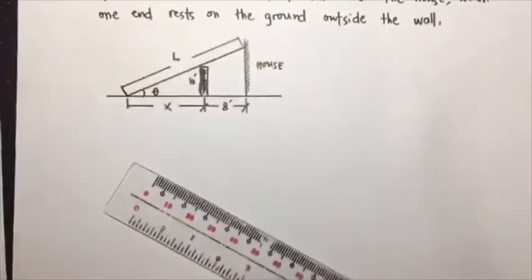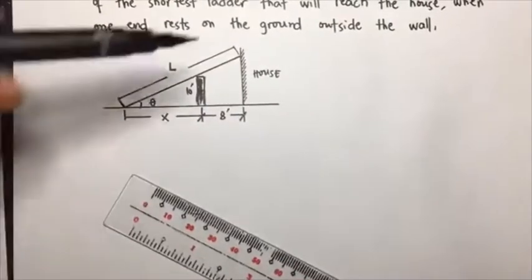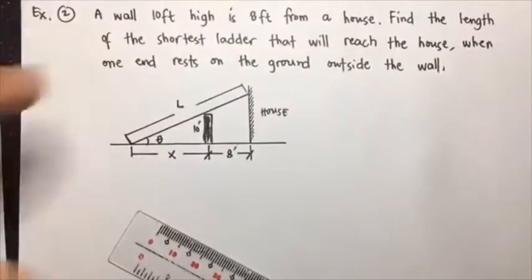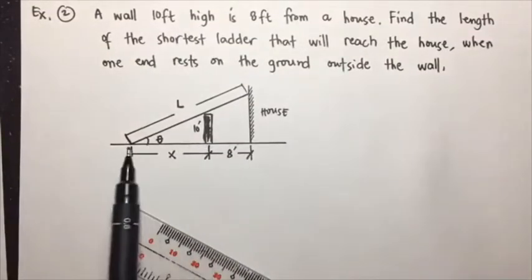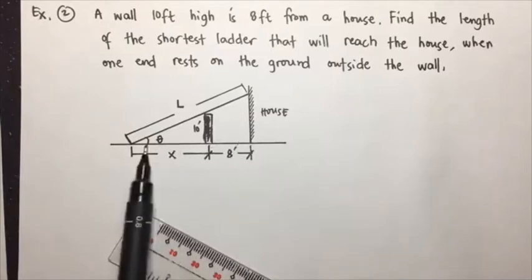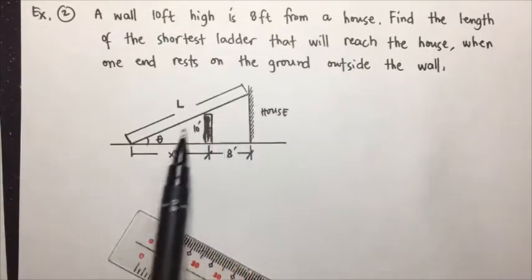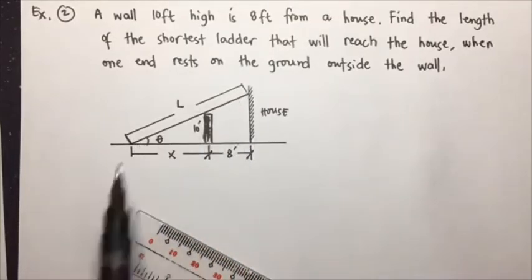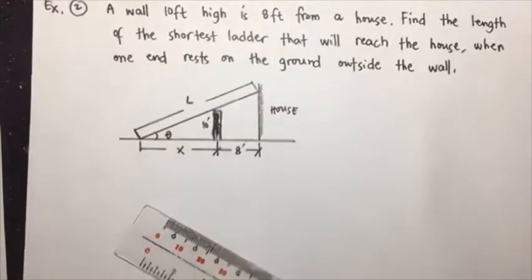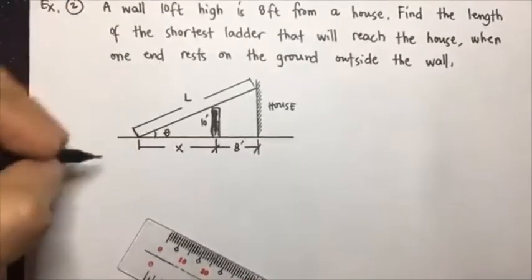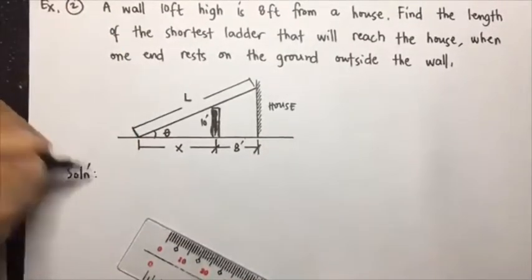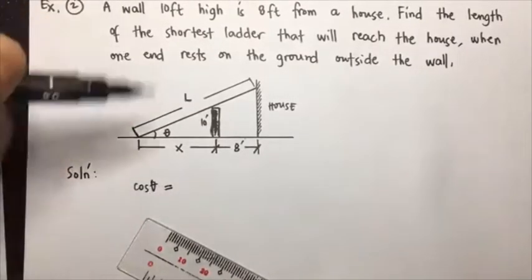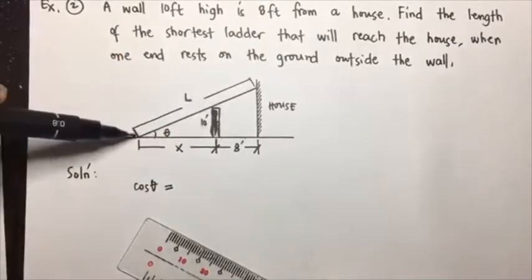So using this triangle, the larger one, we are given the adjacent side and the length as the hypotenuse. So maybe we can use cosine. Okay, so solution. We can say that cosine of theta is equal to adjacent over hypotenuse.